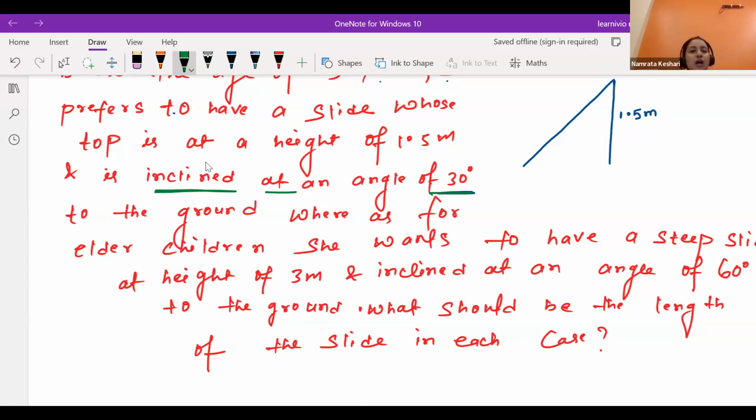Incline means jhukav. Do you all understand Hindi? Basically, if you don't understand, it's fine. Incline means, in real life also we use that the person is inclined, like I'm more inclined to my mother.